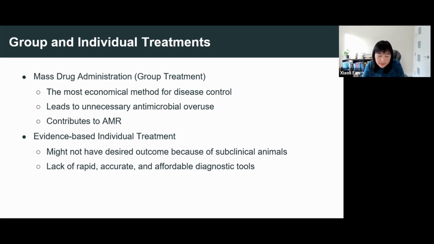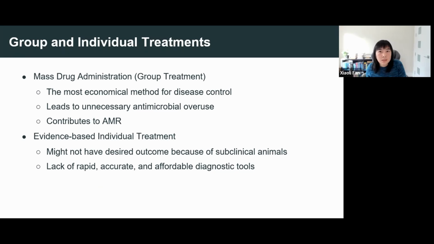And this individual treatment is not favored by producers also because there haven't been accurate, rapid and affordable diagnostic tools available to the producers.